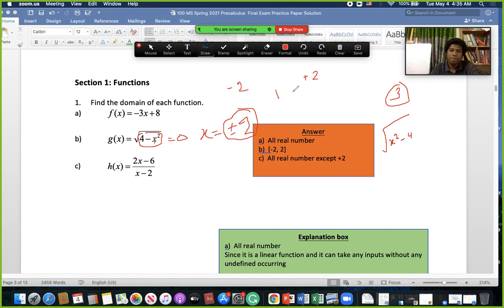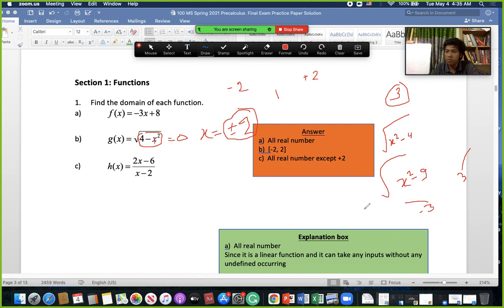Okay. And the same thing will go for, suppose you have root of x squared minus 9, then from here the solution will be plus minus 3. But since x squared comes first, the final solution will be from plus 3 to plus infinity and from minus 3 to minus infinity for this one.